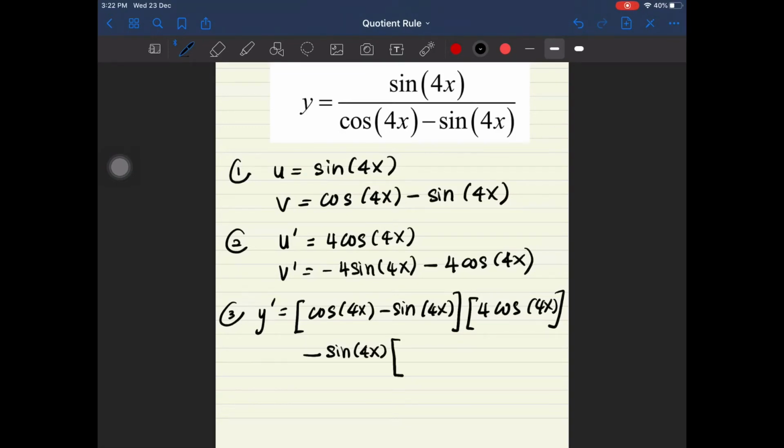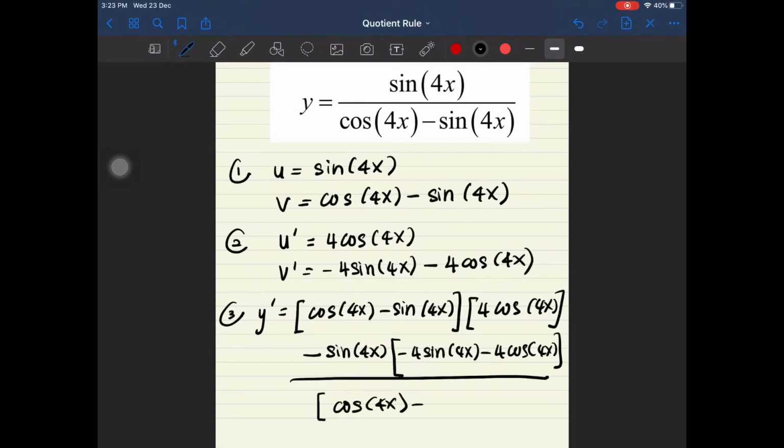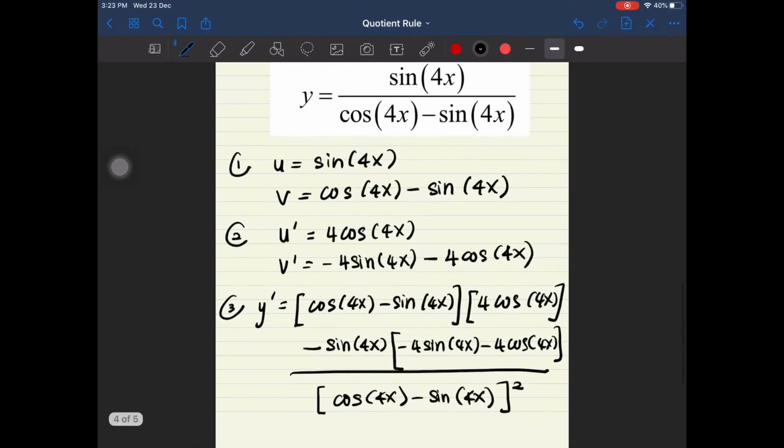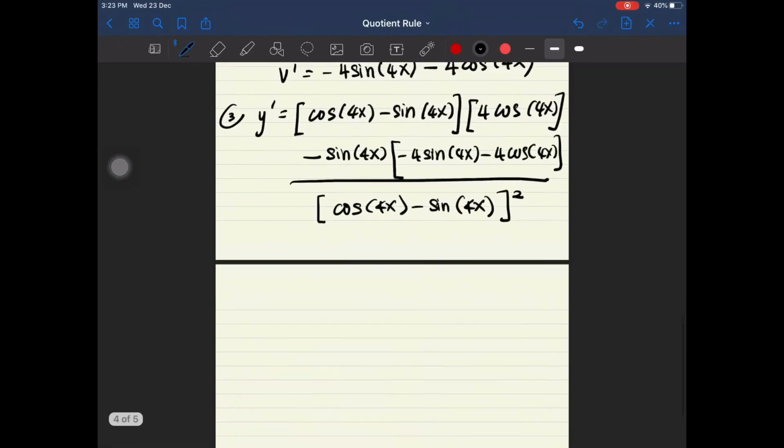Sine 4x. Multiplied by your v prime, which is negative 4 sine 4x minus 4 cos 4x, and the whole thing over v squared. So you will have cos 4x minus sine 4x, the whole thing squared.